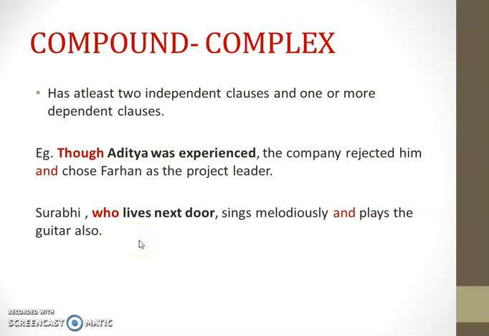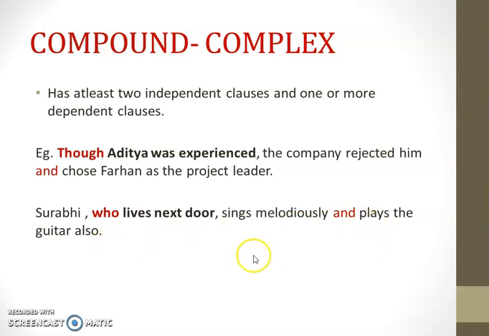Coming to another example, "Surabhi, who lives next door, sings melodiously and plays the guitar also." Here, "who lives next door" is the subordinate clause which I have given in bold letters. "Who" is the subordinating conjunction. It is actually a relative pronoun acting as the subordinating conjunction. It has two independent clauses, "sings melodiously" and "plays the guitar also".